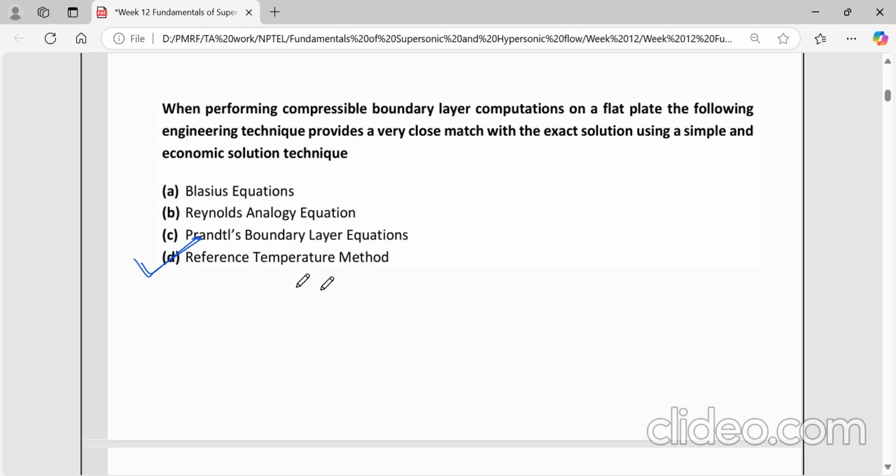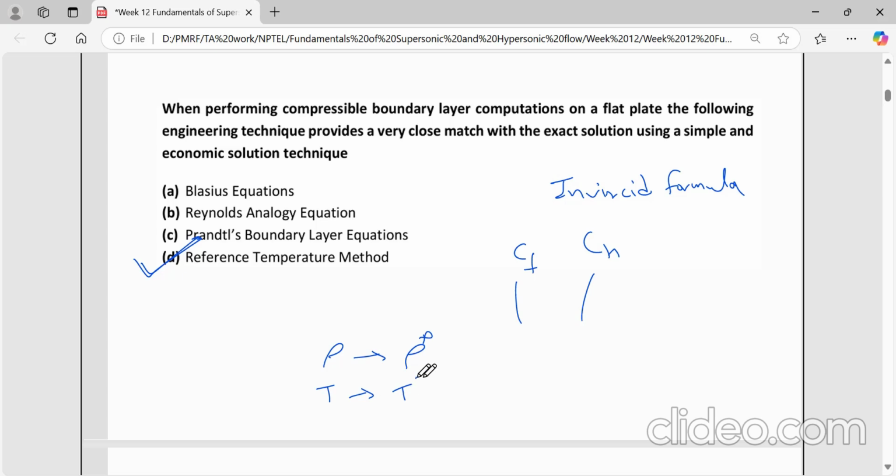So generally we use the implicit formula for, let's say, CF and CH, the local skin friction coefficient and Stanton number. In these formulas we replace rho by rho star, T by T star, and mu by mu star.